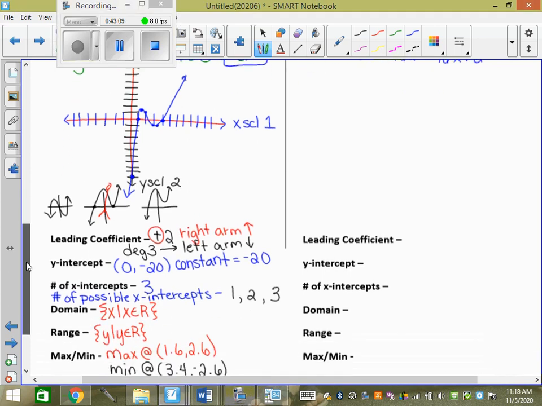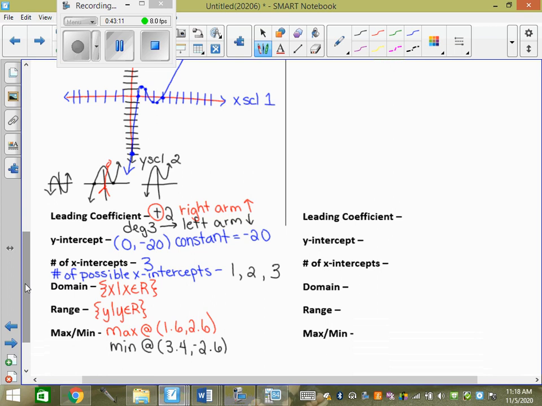For this one, when I typed in the equation, I got a minimum at 0.7 and negative 2.7. Yeah, 0.6666, so it rounds to 0.7.